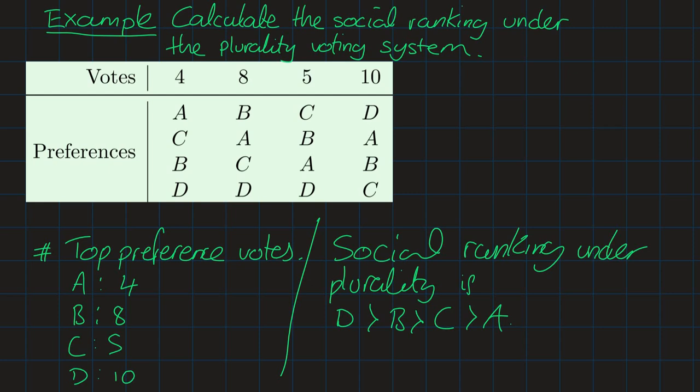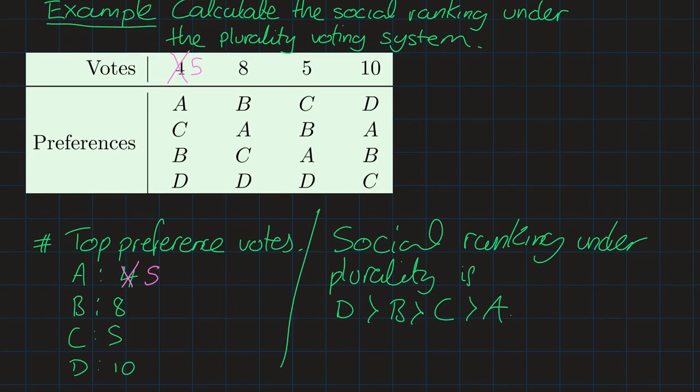Okay, if I were to edit this ever so slightly, and instead of having 4 votes here, I have 5 votes, then this is a 5. And now it's a bit of a special situation because you notice there's a draw going on. A and C both have 5 votes.